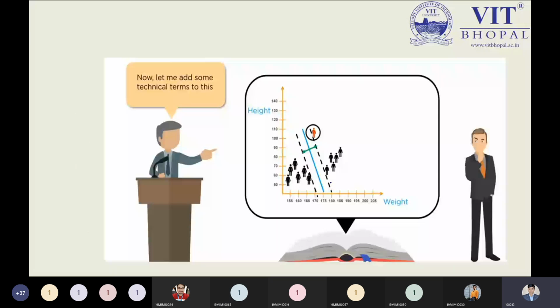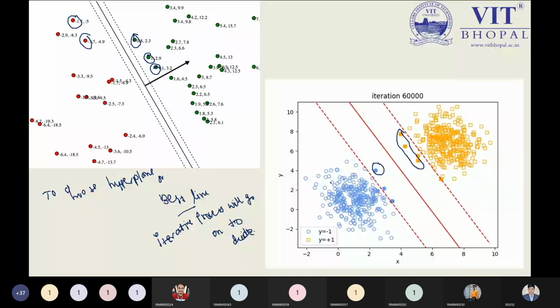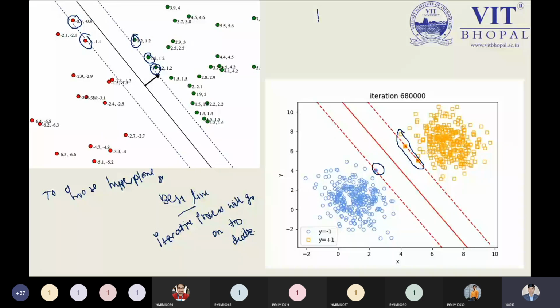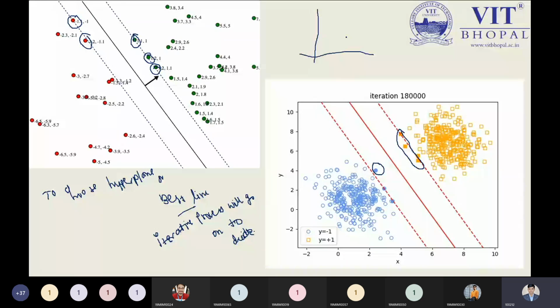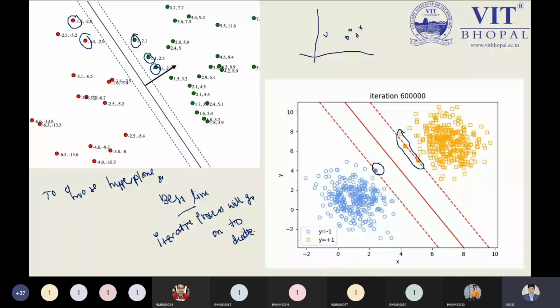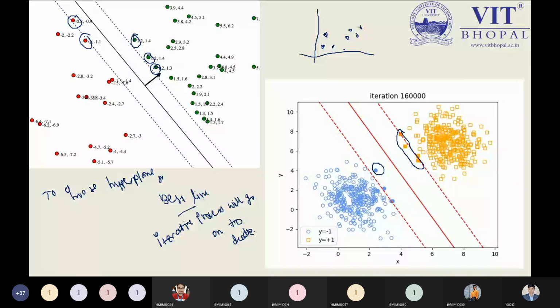Now I'm drawing over here for explaining purposes. Suppose we have this group of data, and we have some other data over here in star shape.